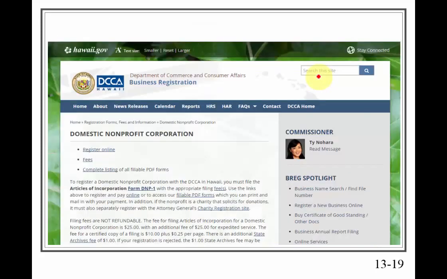So here in Hawaii, you would go to the state's Department of Commerce and Consumer Affairs, specifically to the Business Registration Division, and register your entity, be it a profit or a nonprofit entity. In this case, this is an example of a nonprofit corporation. You could also set up nonprofits as a trust.